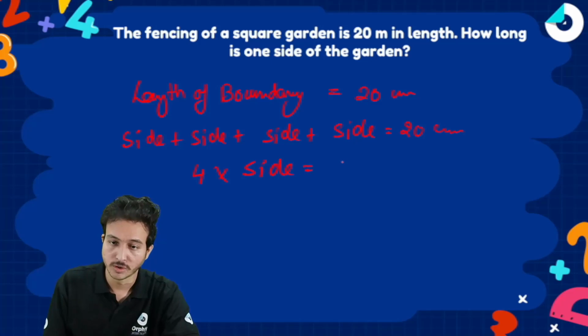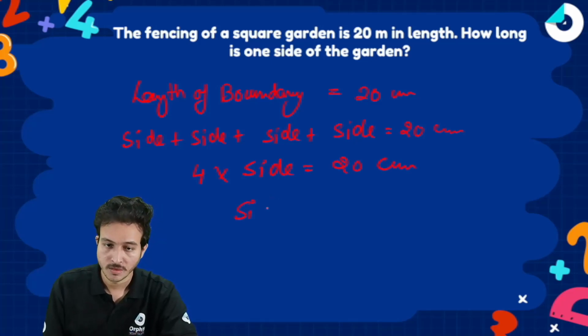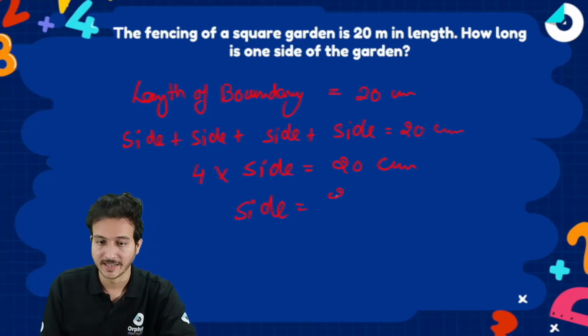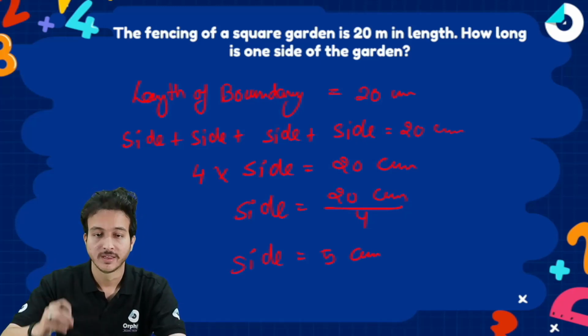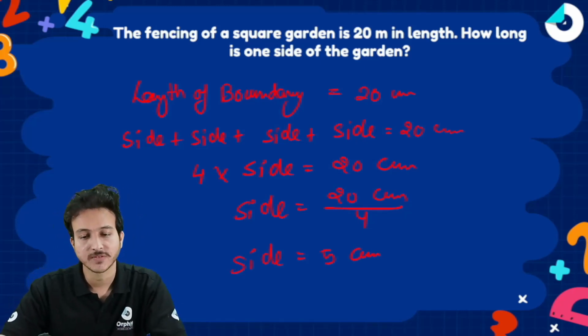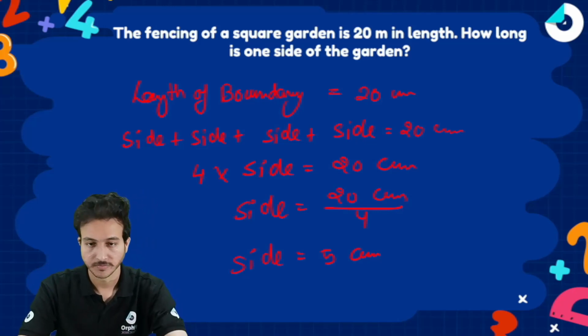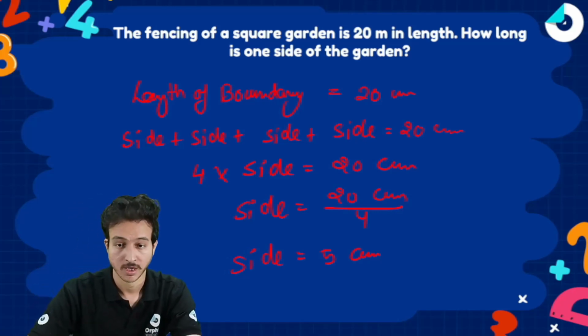That will give you the value as 20. So side will come out to be 20 divided by 4. That will give you the value of side as equal to 5. So the side of this garden is 5 meter. You need to find the side of this garden.